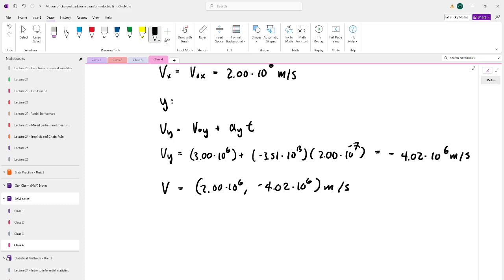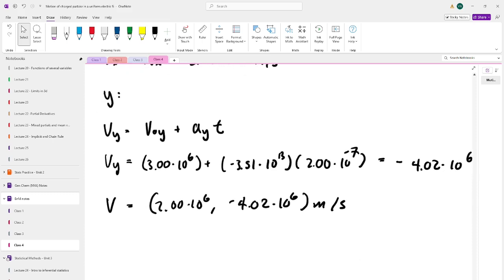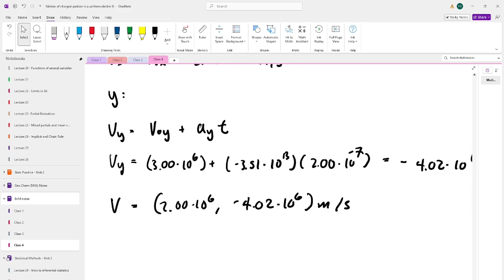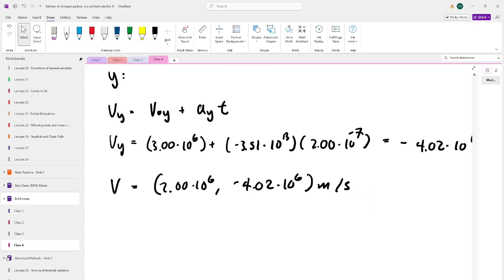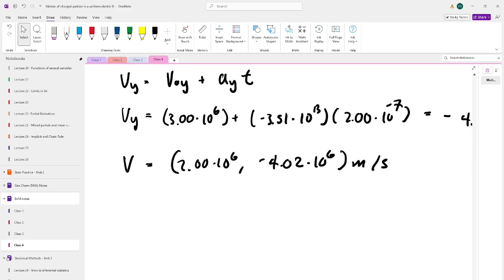Now, usually when we ask for the velocity, we like it to be in the form of the magnitude and the direction. So we can just convert it quickly. It's really not that difficult, and it'll save you points in case your professor is expecting it in this form. So the magnitude of the velocity is given by, I'll write down the formula quickly.